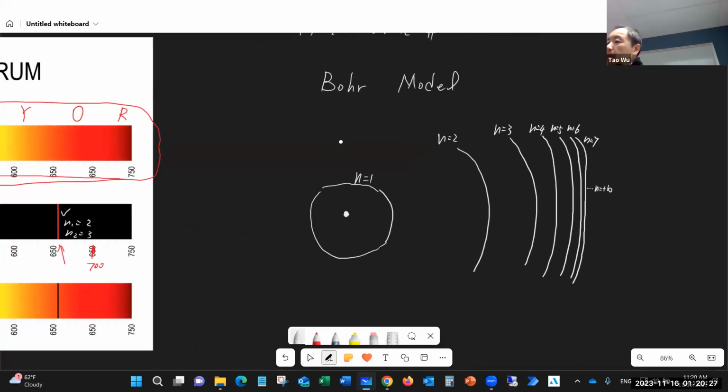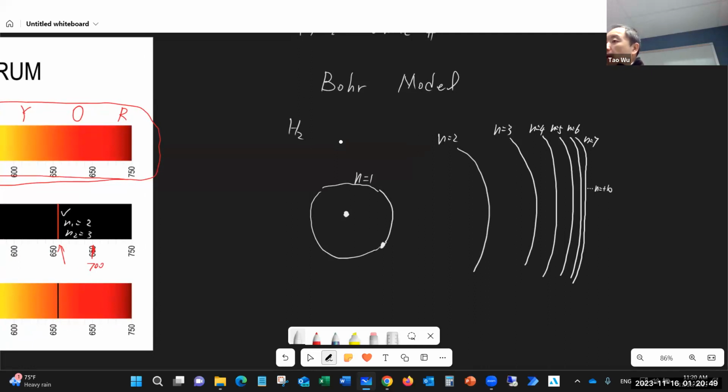So what we talk about with electrons is usually orbits. This is about hydrogen, since we only have one electron in the hydrogen atom, right? So we just discuss what happens for this single electron. The electron orbits around the nucleus, right?